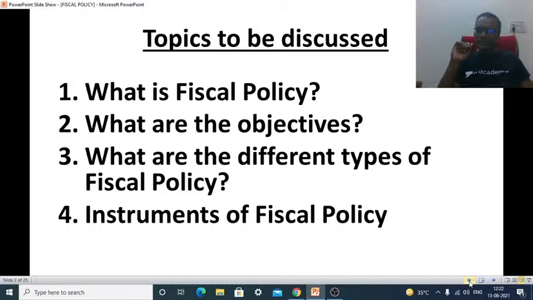Taxes are imposed on producers and they are paid by the consumers. For example, take the case of GST, Goods and Services Tax, an indirect tax. The taxes are imposed on the producers by the government, and they are paid by the final consumer in the form of increasing the prices.